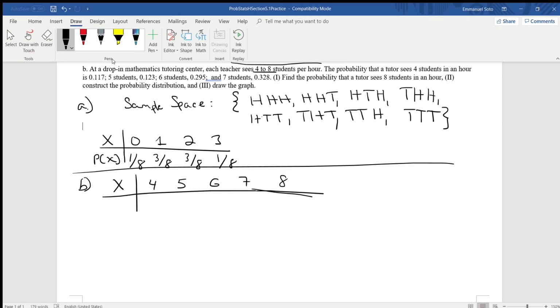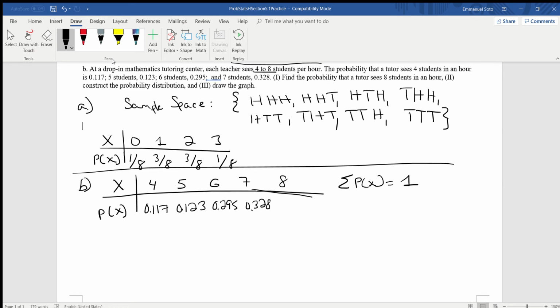Alright, so for 4 it's 0.117, that's our probability. 0.123, 0.295, and 0.328. So in this case we are looking for 8 students. So remember that the probabilities have to add up to 1. So therefore, if we add these guys, subtract it from 1, we're good to go. So we are going to add these guys together.